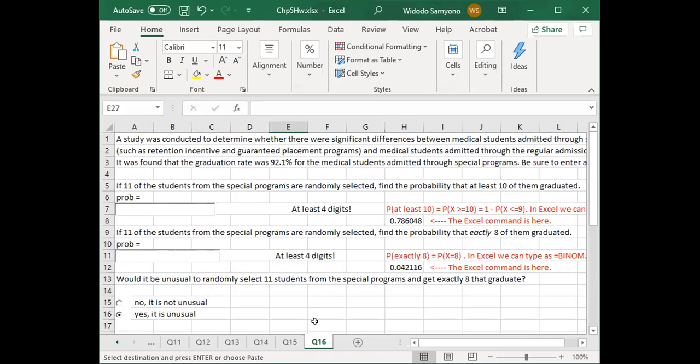Yeah, it's just the same words, but a different number maybe, right? So in this case, you need to change the Excel command here. What is the question? Find the probability that at least 10 of them graduated.